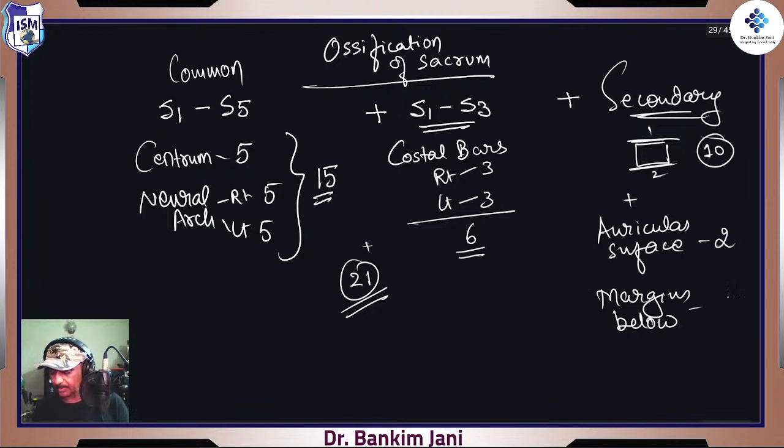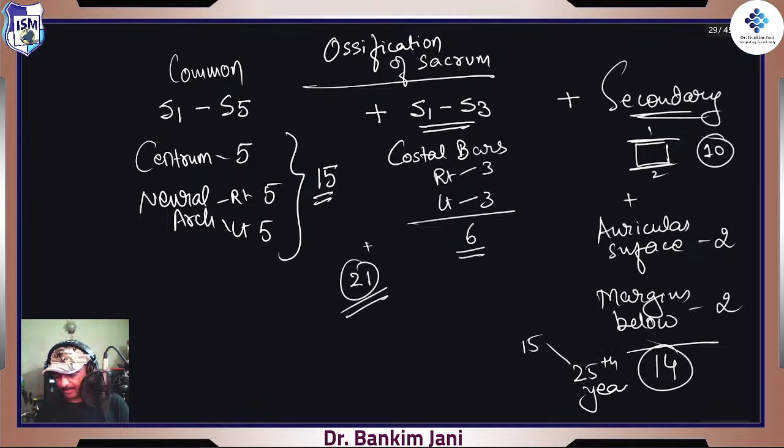So thus 10, 12, 14. So total 14 secondary ossification centers. And these ossifications again appear at around 15 and fuse at the 25th year. Same pattern. As such, there is not much difference in the pattern. It is quite similar.